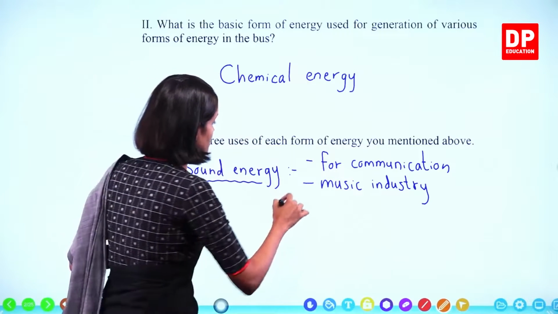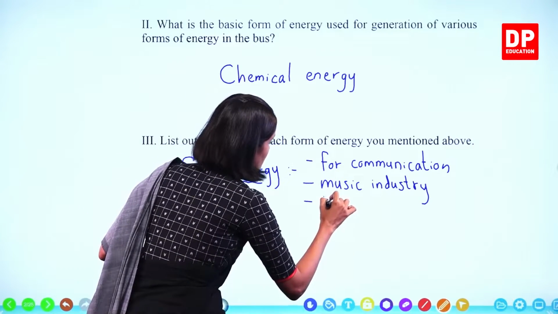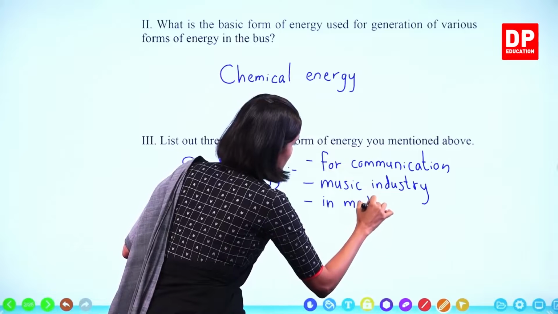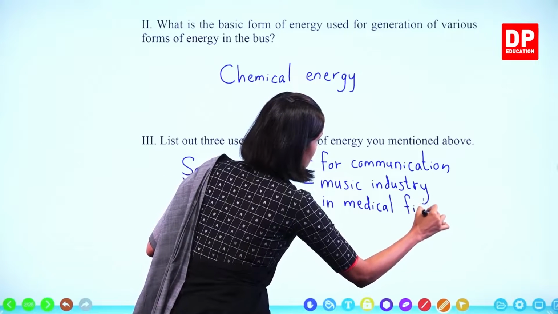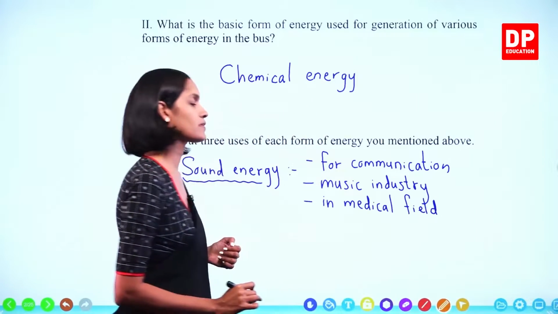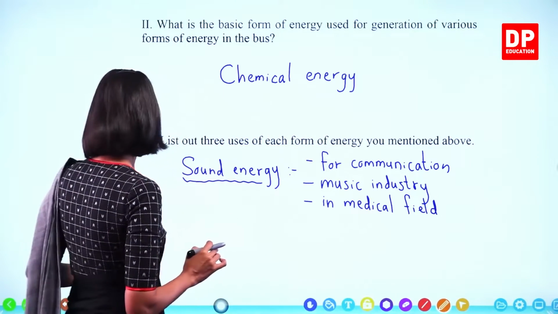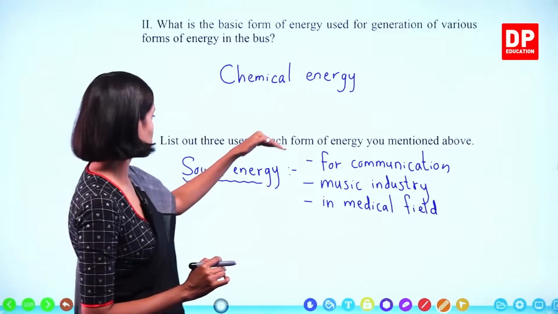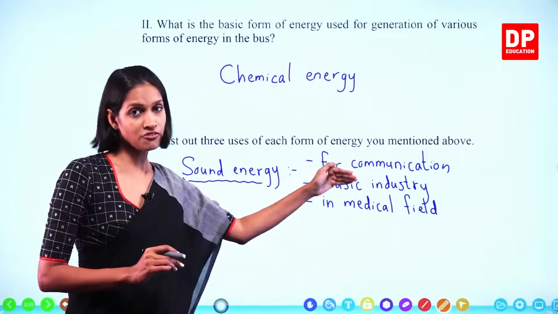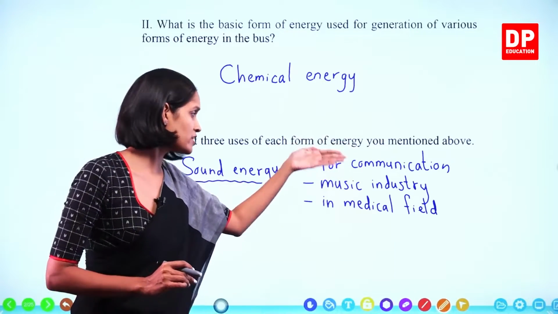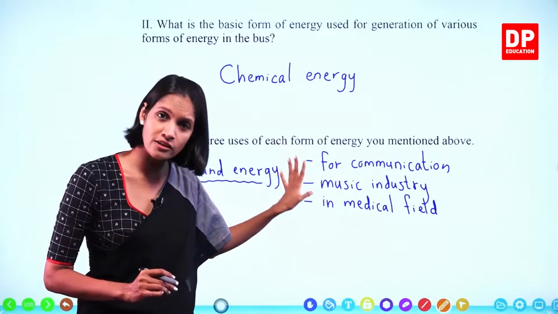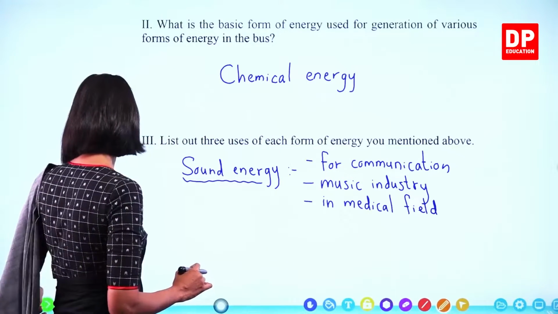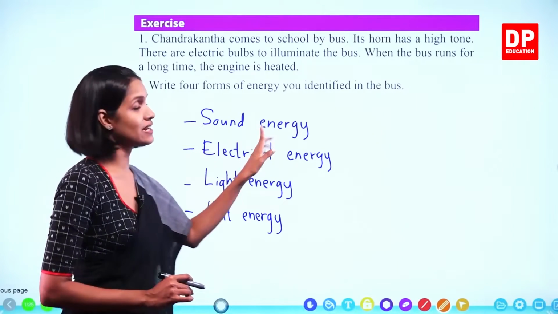In the medical field. Right, children? What is the next one? So here we have to write 3 uses of each form of energy. But when you do that, you can keep on going with the list, because in that case, you can improve your knowledge, okay? Right. Second one, electrical energy.